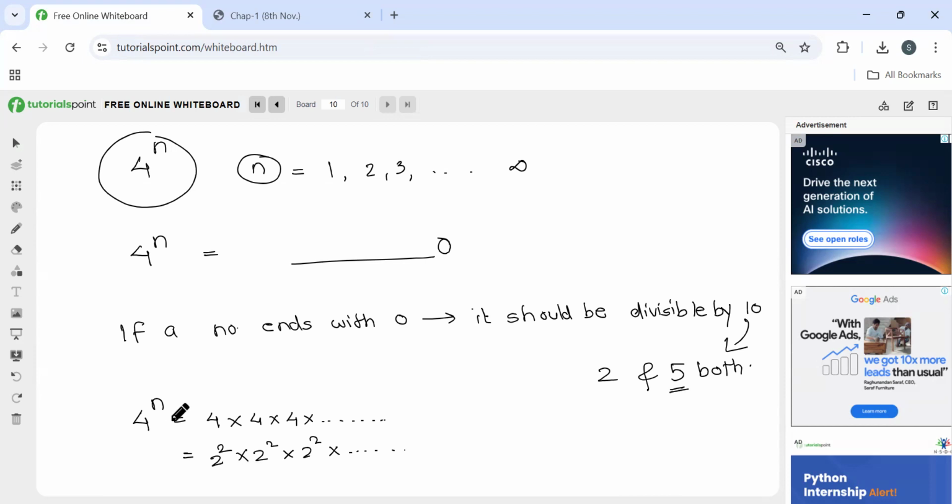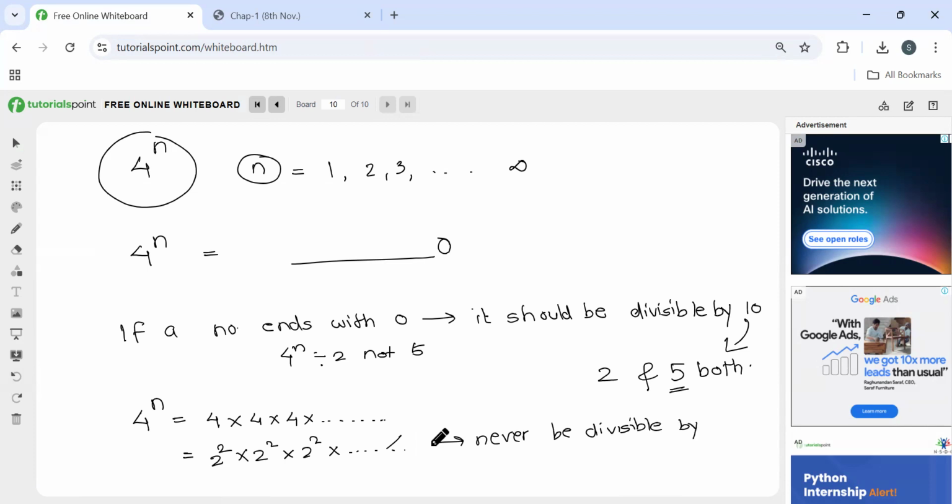If only 2 is involved, it means the number 4 raised to n will be divisible by 2, but not divisible by 5. It will never be divisible by 5, which means it will never be divisible by 10.